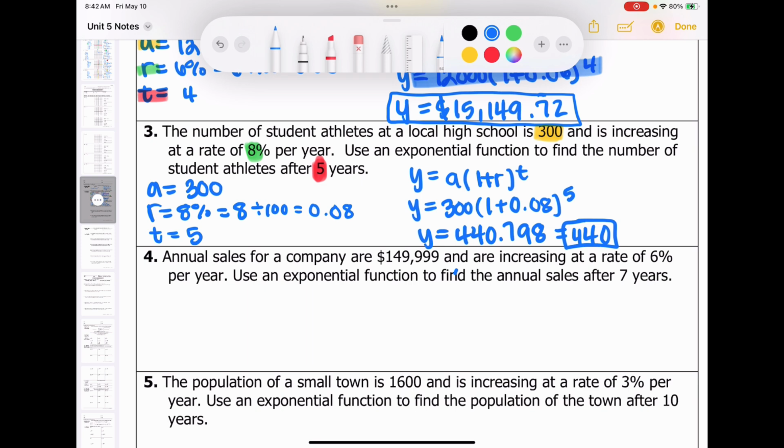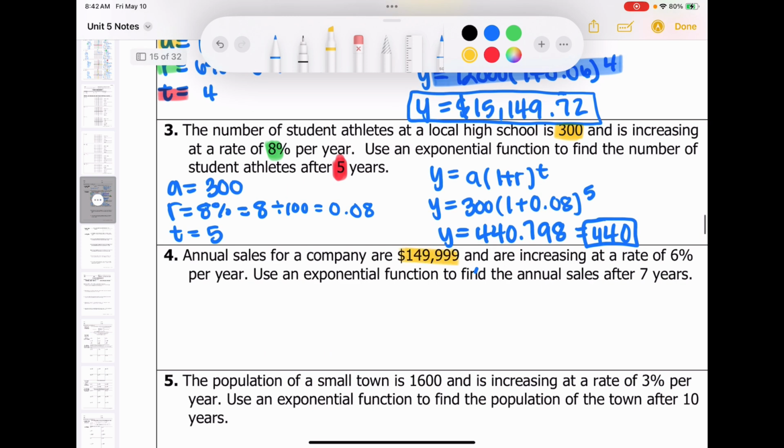All right, number 4. The annual sales for a company are $149,999 and is increasing at a rate of 6% per year. So we have our initial, we have our rate.